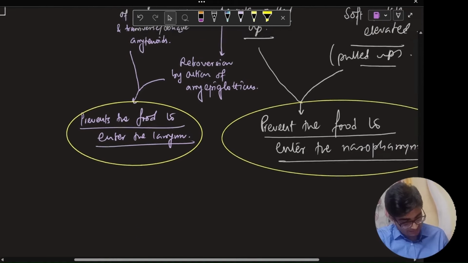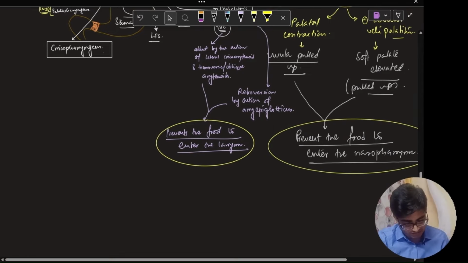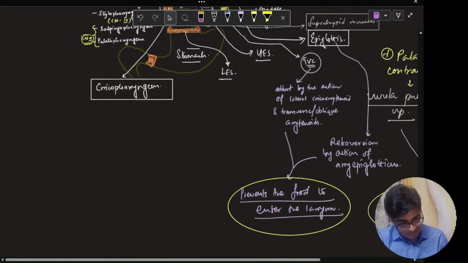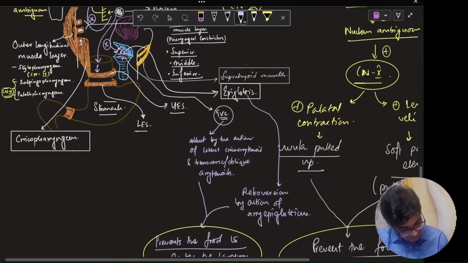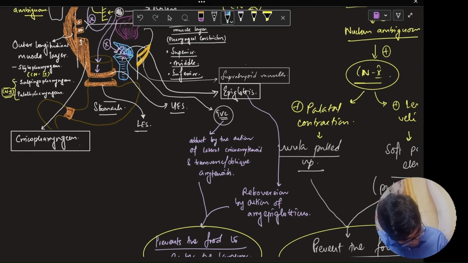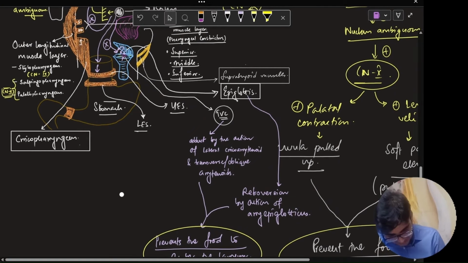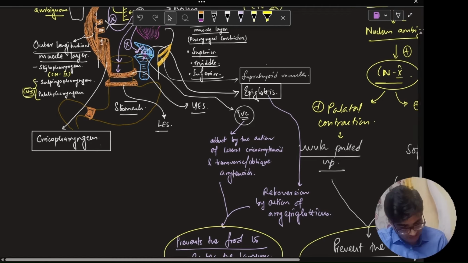Now you have to know how the food gets into the esophagus. Correct? How does it get there? So you know at this moment, longitudinal muscles, the outer longitudinal muscle layer and the inner circular muscle layer. What happens?